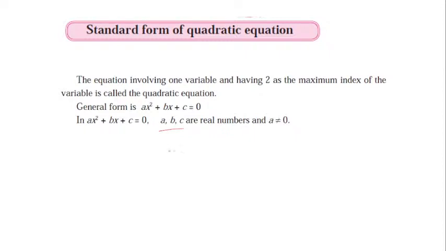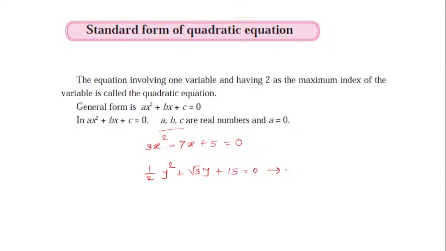We can have its example as 3x square minus 7x plus 5 equal to 0. So this is a quadratic equation in variable x. We may have another equation using another variable, 1/2 into y square plus root 3 into y plus 15 equal to 0.